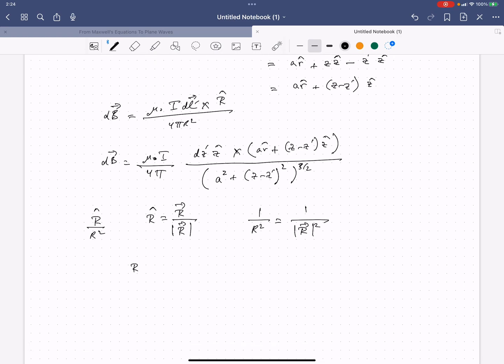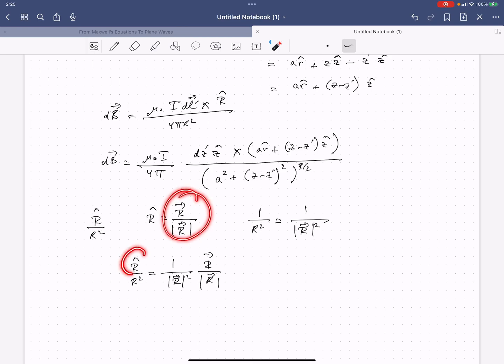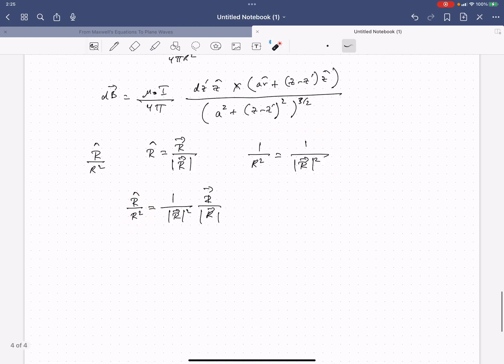So if I want R hat over R squared, that will look like 1 over amplitude of R squared, times R over amplitude of R. So I'm just plugging this in for this, and this in for that.